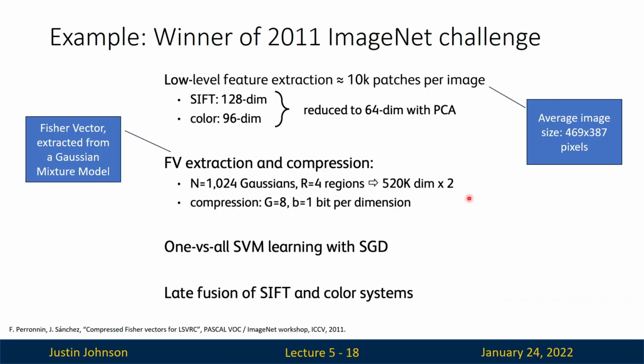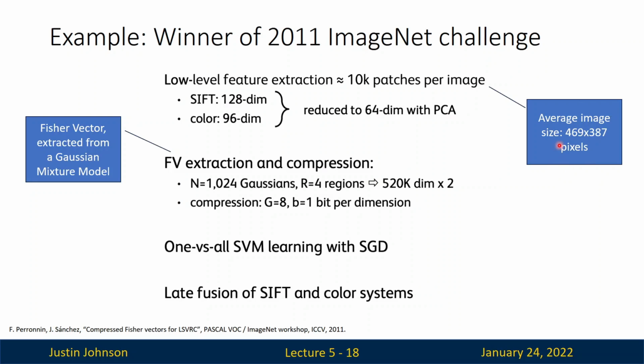So let's go back here again. Here, PCA is used to reduce the dimension, and then it uses the Fisher vector to. Let me see here. Given an ImageNet image, let's take how large is an ImageNet image?